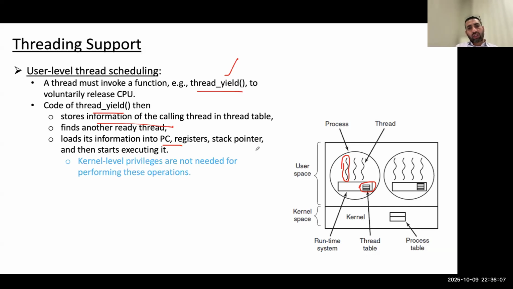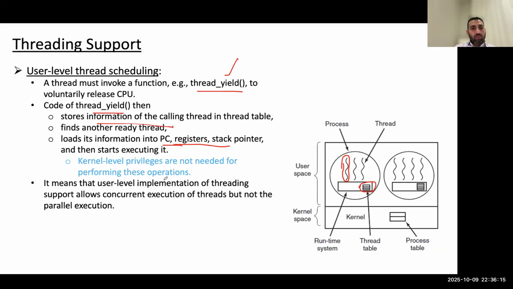And as I said, kernel level privileges are not needed for performing these operations, basically reading the value of these registers. So it means that when we are implementing threading support at the user level, we cannot allow parallel execution of threads.